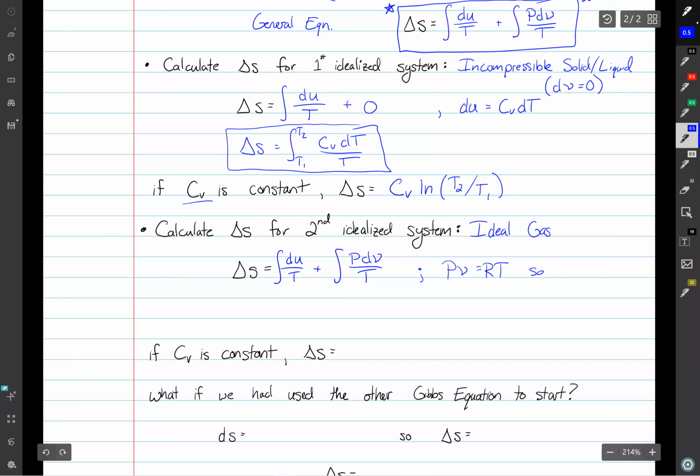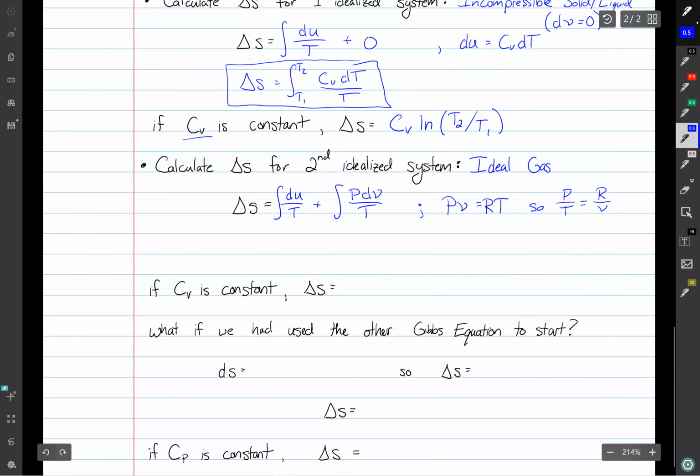So we can do some algebra. P over T equals R over V. So we can substitute R over V for P over T because of the ideal gas law. And we can rewrite this equation.